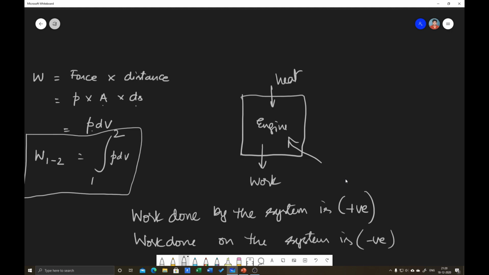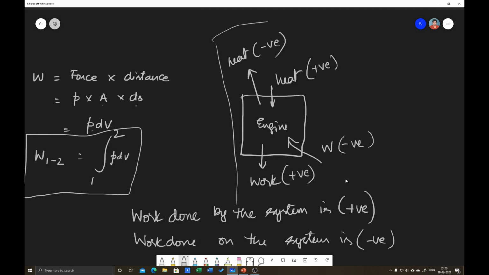If the work is going inside the system, then it is negative. If it is coming out of the system, it is positive. Heat, whenever it is going into the system, is positive, and whenever it is coming out of the system, it is negative. We have to remember these 4 sign conventions. It is very important. Heat is to be supplied to the system and work we will get from the system.